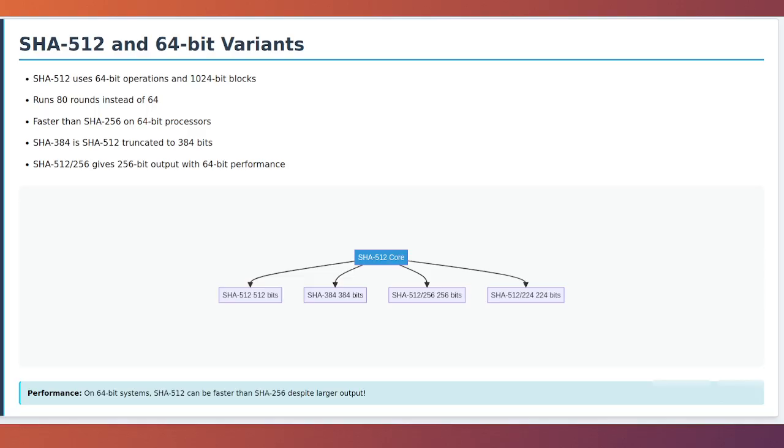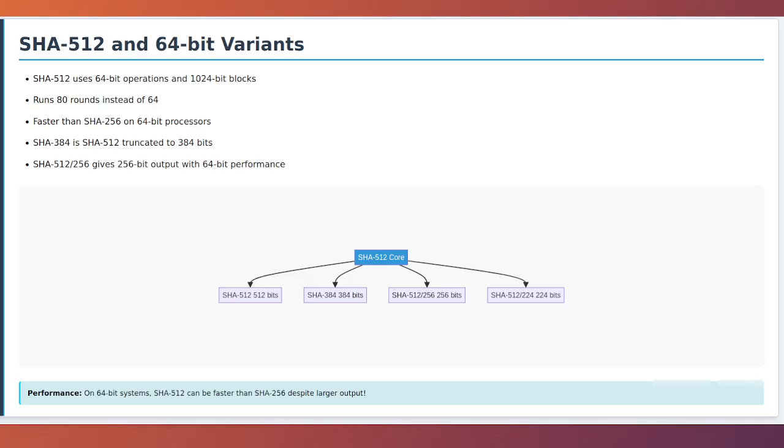Modern processors with 64-bit architectures can process 64-bit operations just as efficiently as 32-bit ones, making SHA 512 actually faster than SHA 256 on these systems despite producing twice the output. SHA 512 also provides a larger security margin. With 512 bits of output, the birthday attack bound is at 2 to the 256 operations instead of 2 to the 128 for SHA 256.